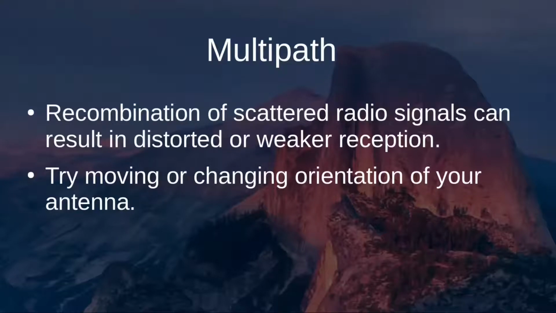Once all those radio waves combine, either constructively or destructively, the signal can be significantly distorted or much weaker on reception. If you wanted to try to avoid multipath, or at least abate it a little bit, try changing the orientation or position of your antenna, or try moving a few feet away from your current location.